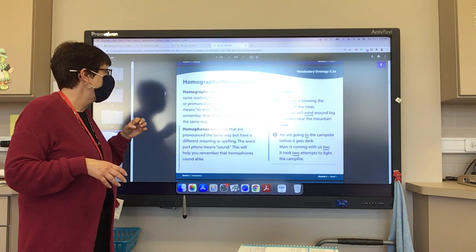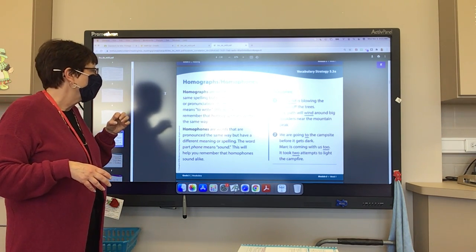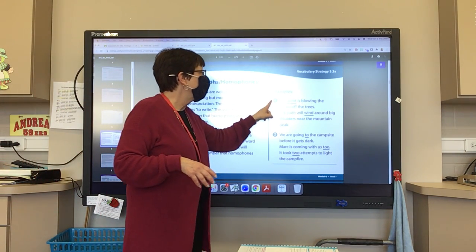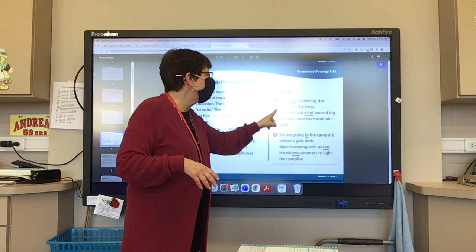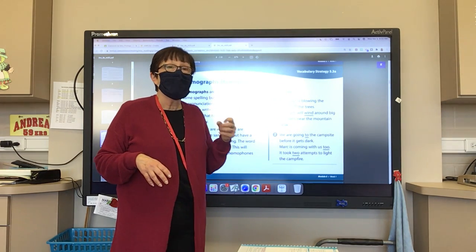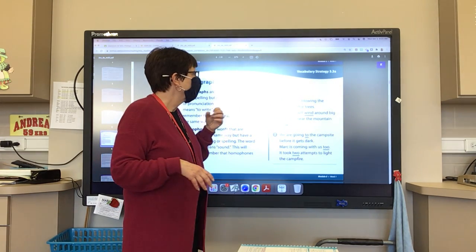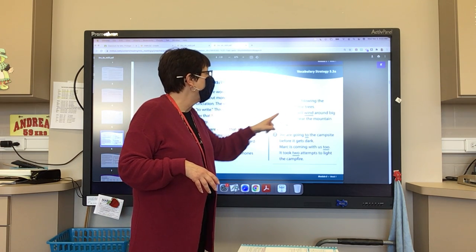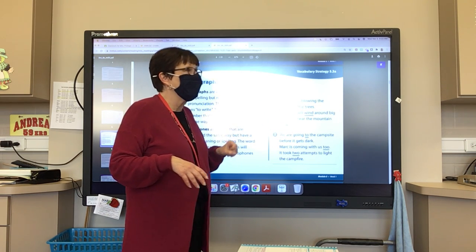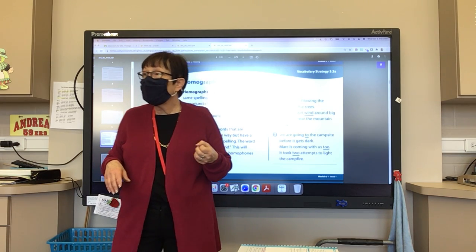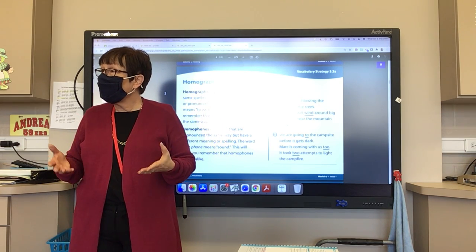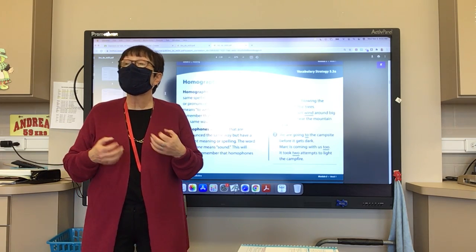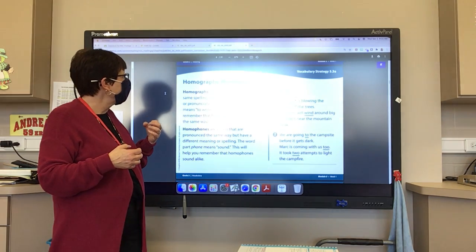And we're going to have an example here. The wind is blowing the leaves off the trees. We have the word wind. Here we have, the path will wind around big boulders near the mountain peak. So wind and wind are both spelled the same way, but we pronounce them differently, okay?